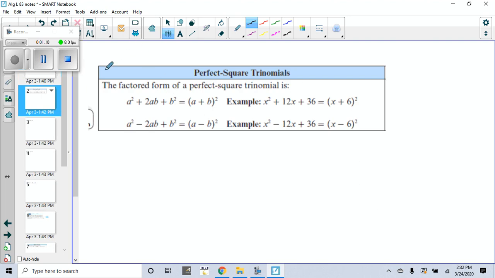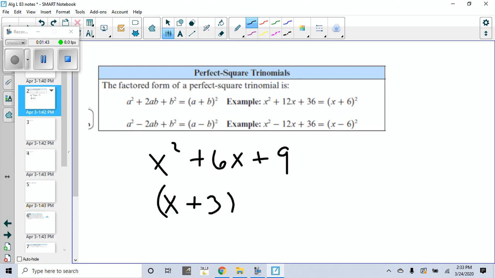So the first type is a perfect square trinomial. It would be something like x squared plus 6x plus 9. And when we factor that, we get x plus 3 times x plus 3.